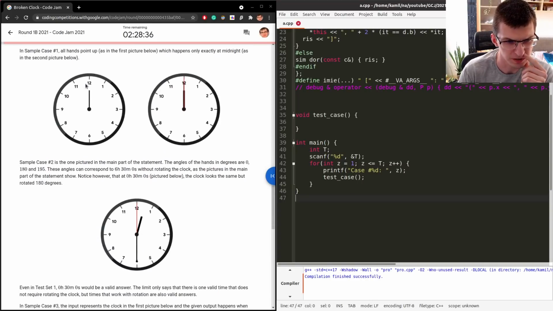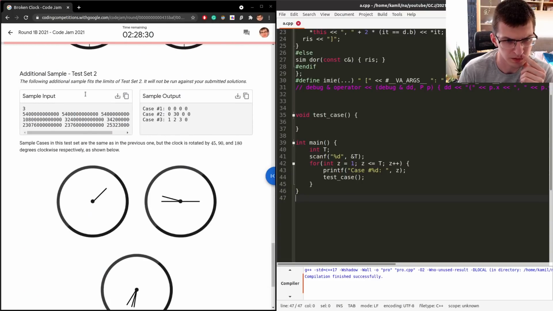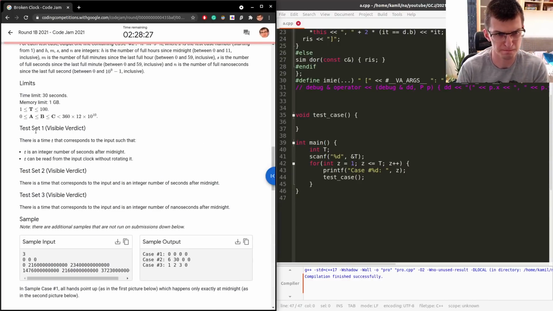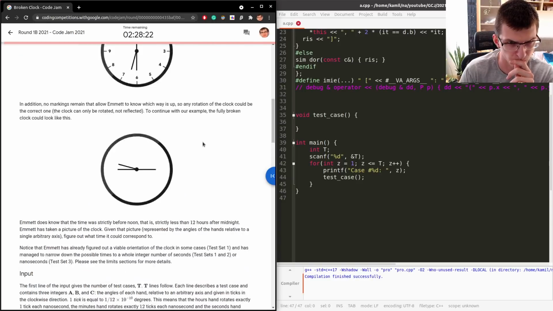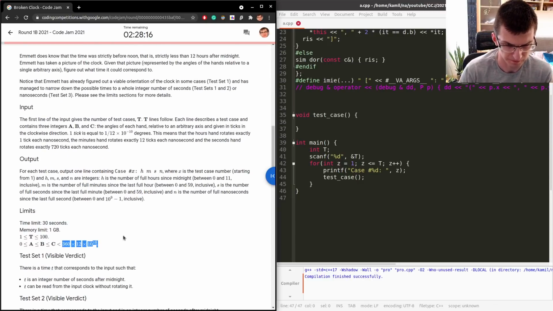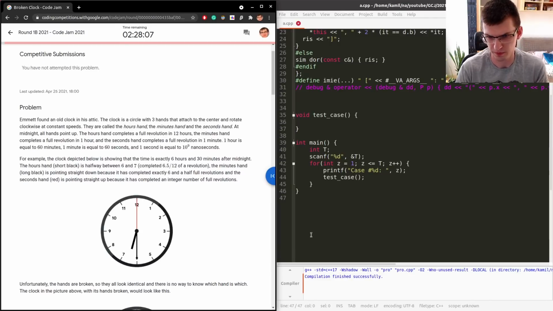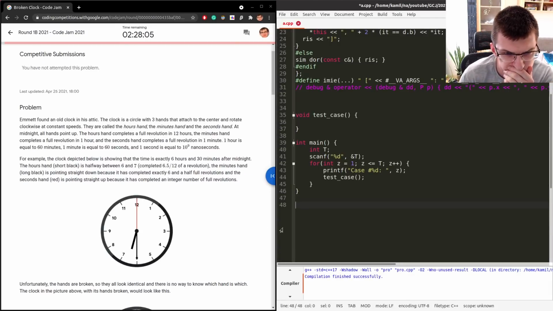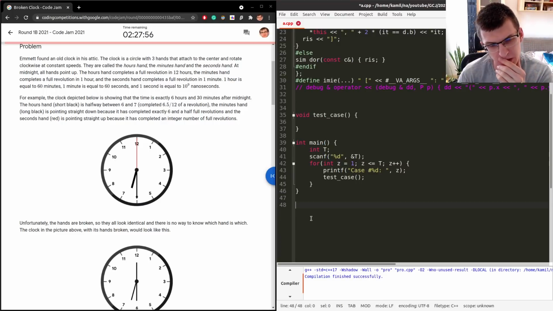Is the solution unique? Okay. One of them corresponds to seconds.